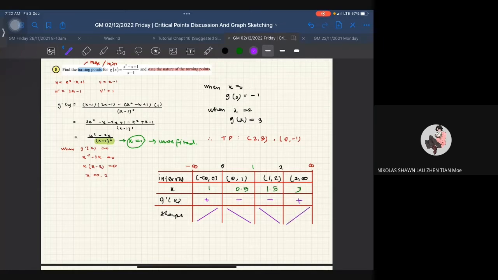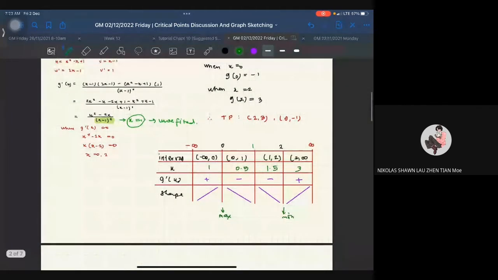Okay, so this one, it clearly shows you that yang ini, maksudnya this one, dia sebenarnya adalah maximum sebab dia duduk dekat atas. Okay, so awak tulis dekat sini, dia adalah max. Right, so this one adalah minimum. Okay, settle. Tapi kena buat conclusion lah. Write a proper conclusion.